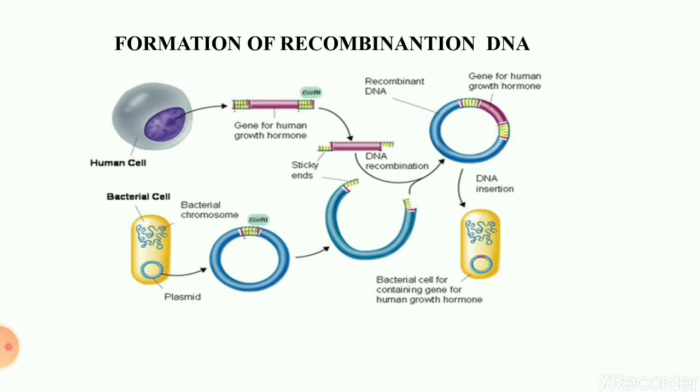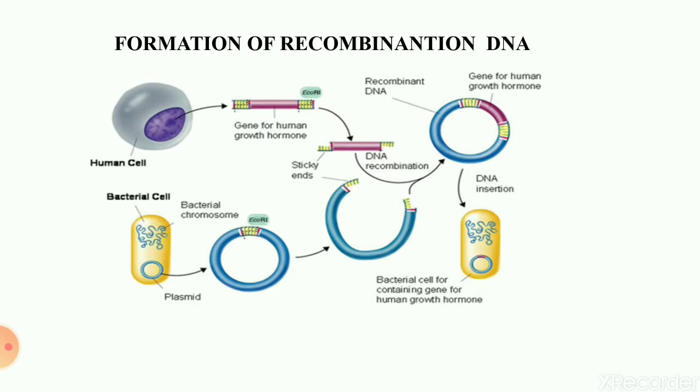There is a DNA recombination process, and finally a hybrid DNA is found. Now this plasmid with desired DNA, the product, is called recombinant DNA or chimeric DNA.